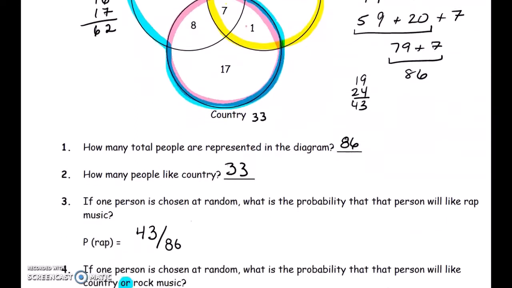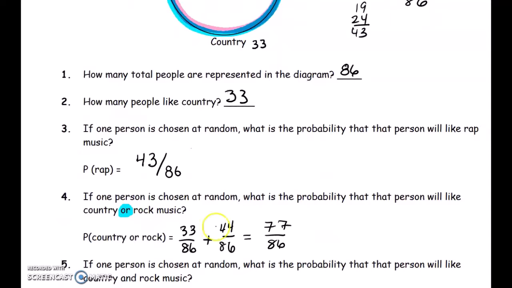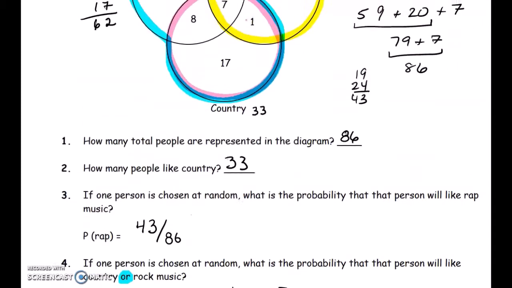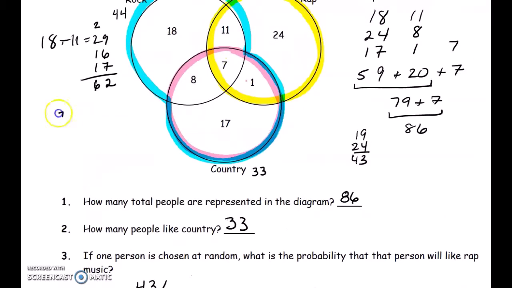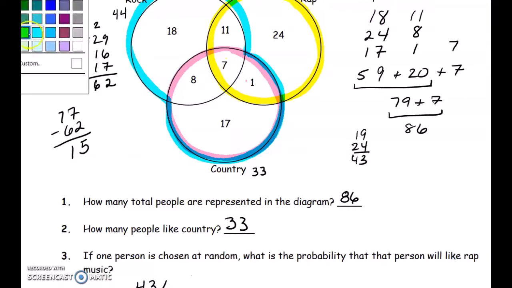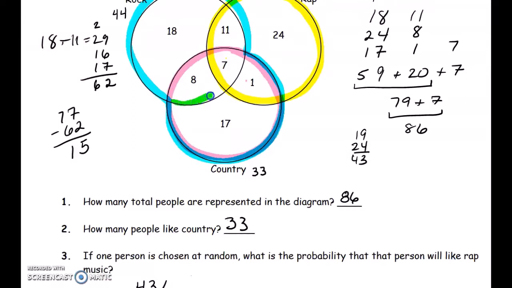Well, when I count them up individually, I get 62, but when I combine them this way, I get 77. I wonder what the difference between 77 and 62 is. 15. Now I wonder why I'm 15 over.